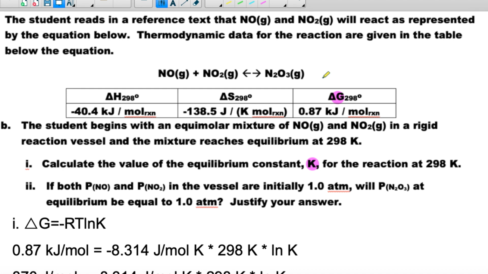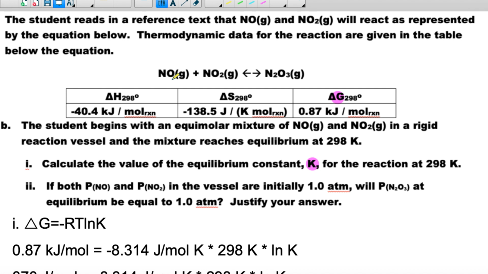At equilibrium, there will be a greater concentration of reactants than there would be of product. Part II, could you solve that? If both NO and NO2 are at 1 atmosphere, will the pressure of N2O3 at equilibrium be equal to 1 atmosphere? Well, if you look at it, this becomes a limiting reactant problem.